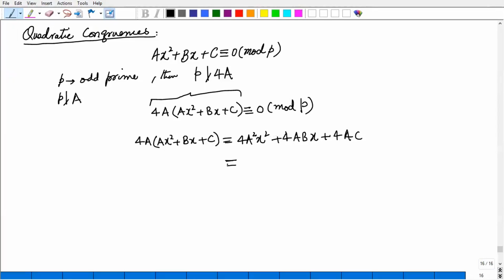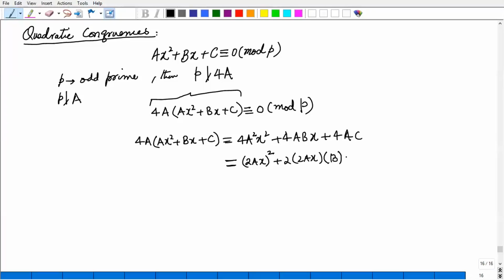If we want a perfect square formula, we must have 2ax here, so we have plus 2 times 2ax, and 2 times 2 is 4ax, then we need b here.